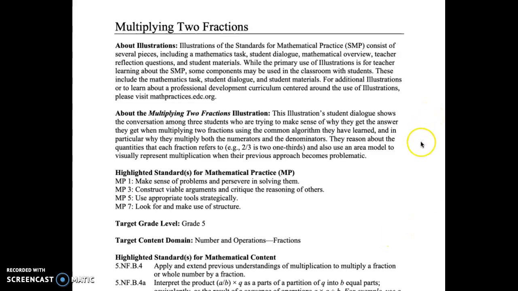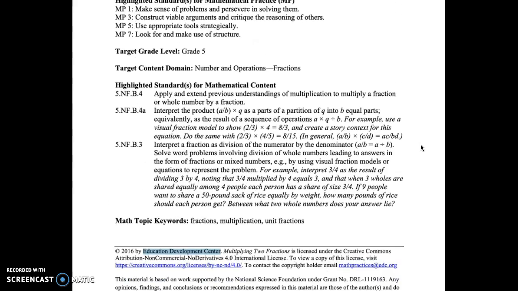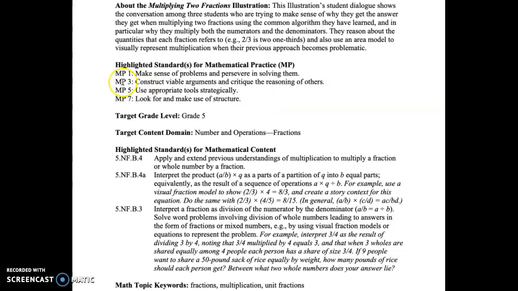So the illustrations are showing standards of mathematical practice. You don't need to know that acronym, okay? But I want you to think about the standards of math practice. So they're referencing another source other than Common Core State Standards.